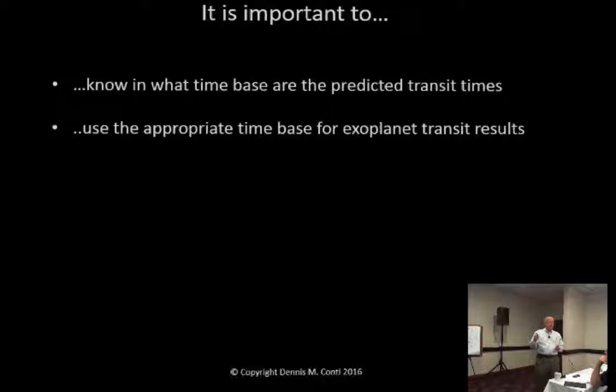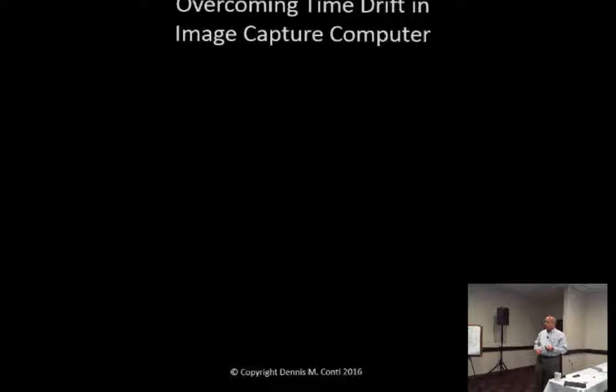Some defined it not at all, some defined it as universal time, then folks started to get a little bit more accurate. So it's important not only to understand the predicted time so you can start your observation on time, but also what you are recording, so that when you give it to the professionals, they know what time base you're recording in. That's key for both reasons.